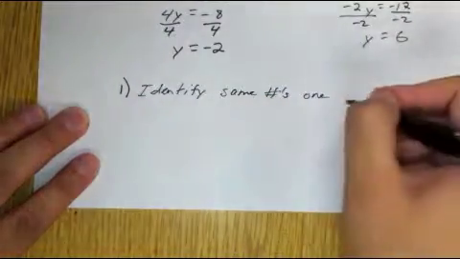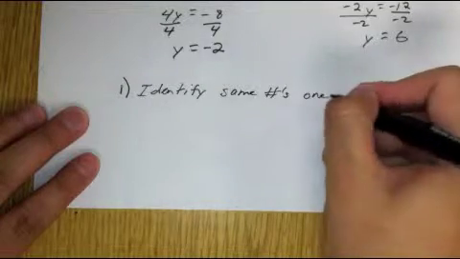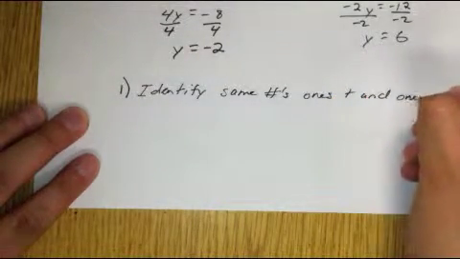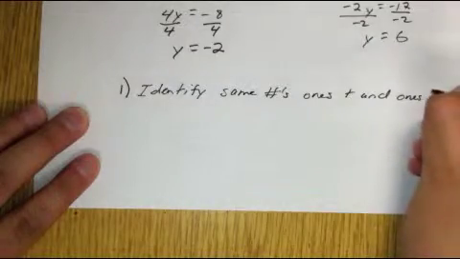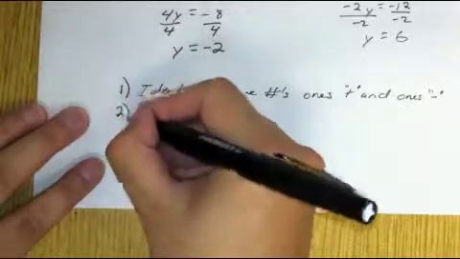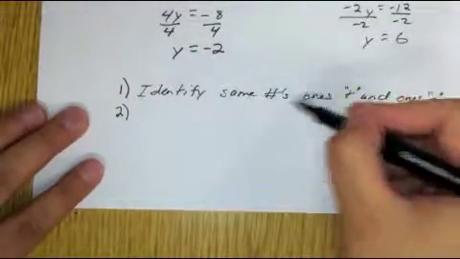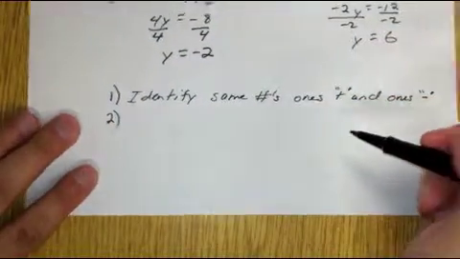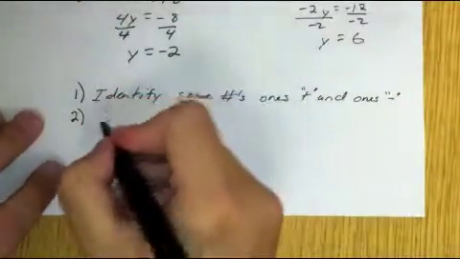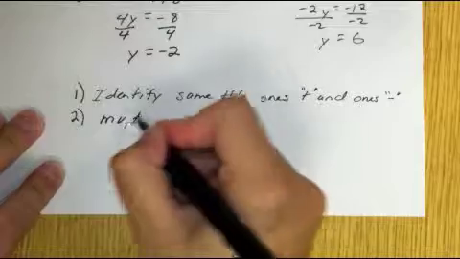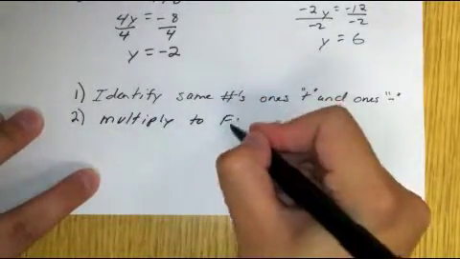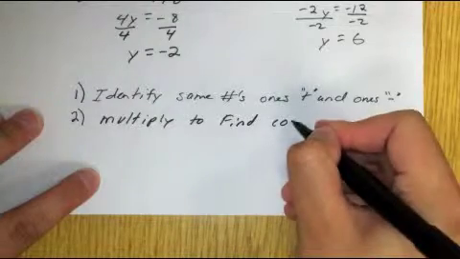One's going to be either positive and one's going to be negative. Okay. If you don't have that, what did we have to do to get the same number? What do we have to do? Oh yeah, you got to find the multiple and then multiply to match them up. You may have to multiply to find the common multiple.